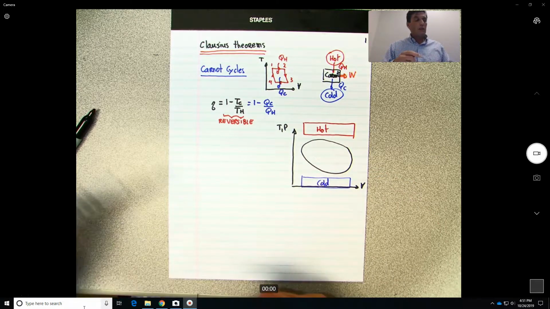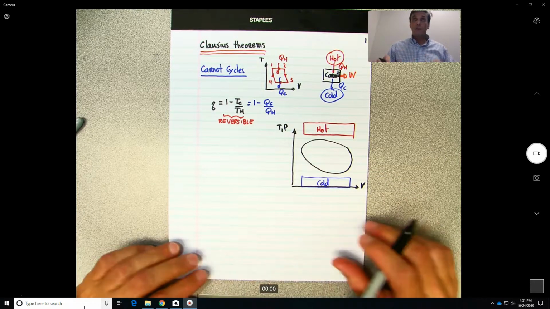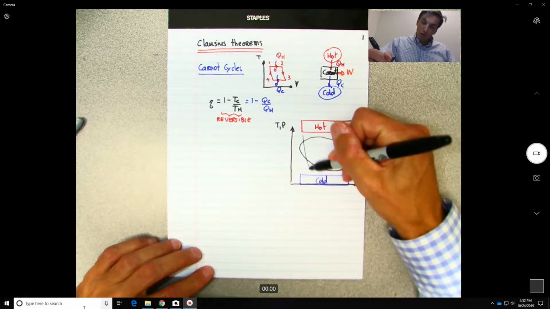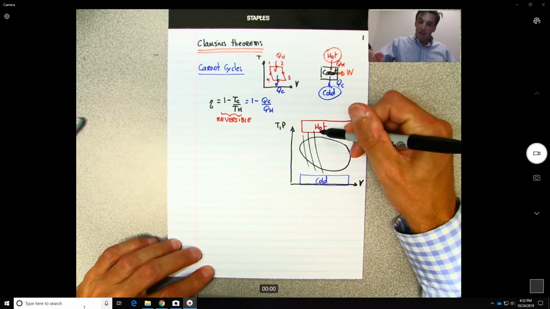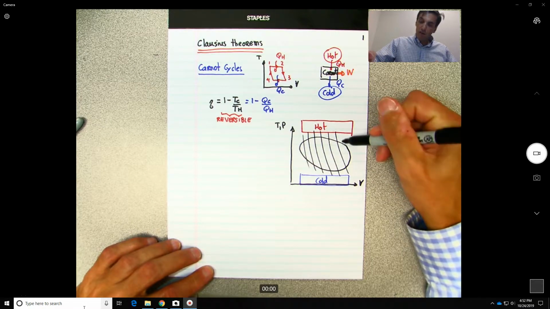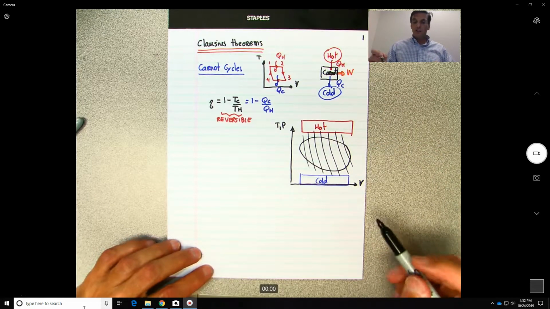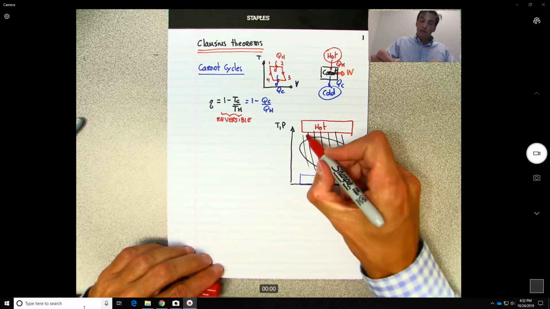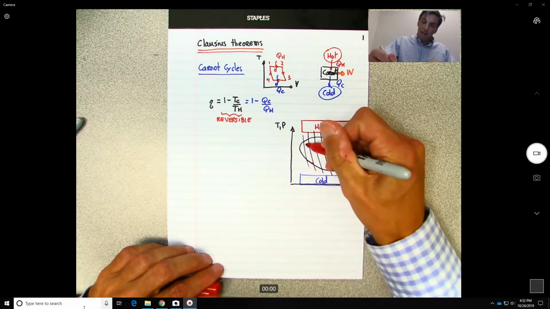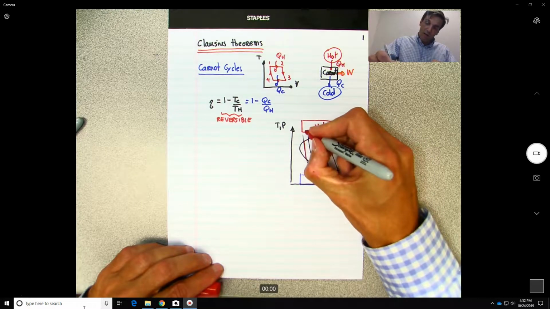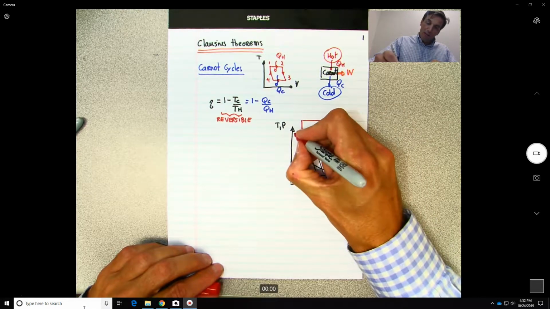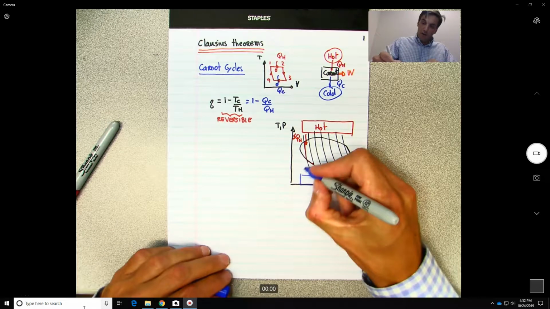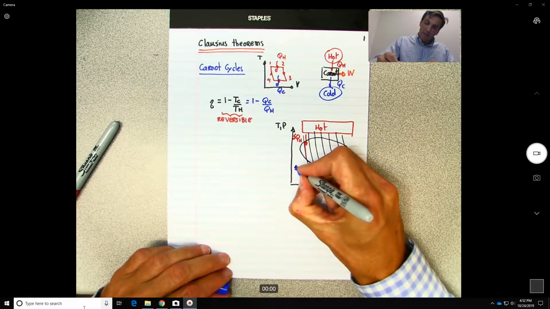If you think about the integration of a function, when you integrate something, basically you break it into different rectangles. So if the big one is a general cycle, what Clausius does is break this big one into an infinite number of Carnot cycles. This one here will be delta Q hot, and here delta Q cold.